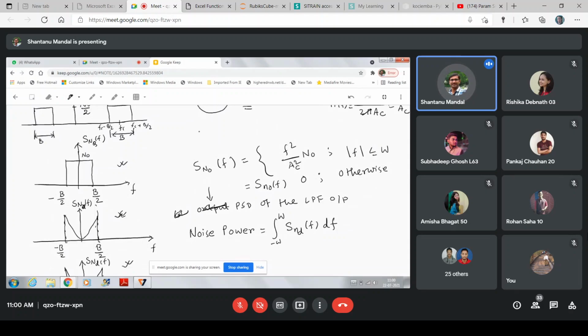The discriminator output S of ND(f) is equal to f square N0 by AC square for |f| less than B by 2, and 0 otherwise.